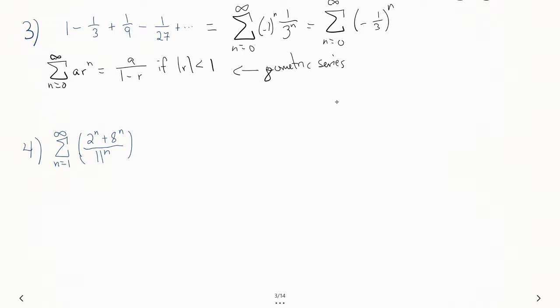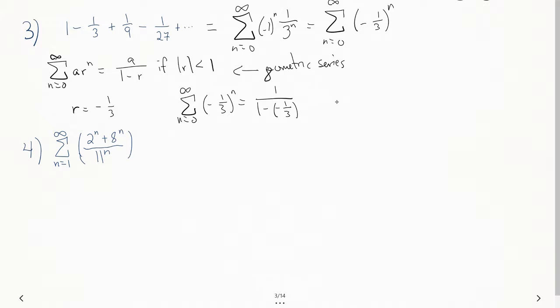So if this is a geometric series, what do we have here? Well, there is no a value, it's just 1 because we already have the r to the n. So r equals negative 1/3, and we're going to plug that into our formula. The summation from n equals 0 to infinity of negative 1/3 to the n should equal 1 over 1 minus negative 1/3.